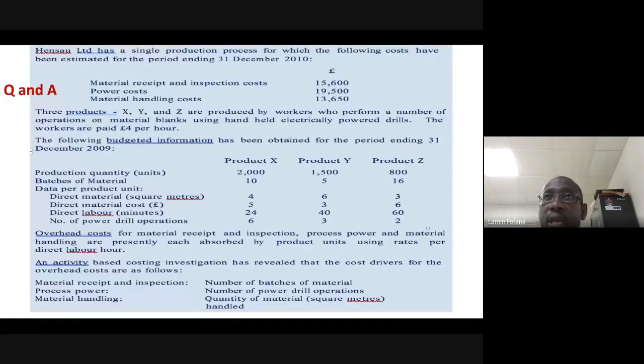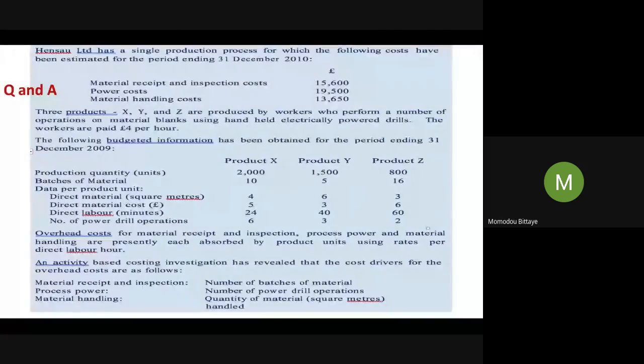When you use ABC, you will use a technique that will fairly share the overhead cost between various products. So you will not overprice some products, neither will you underprice some of them. So by using ABC, it's more profitable. It can show a better profitability analysis than that of the traditional costing technique.